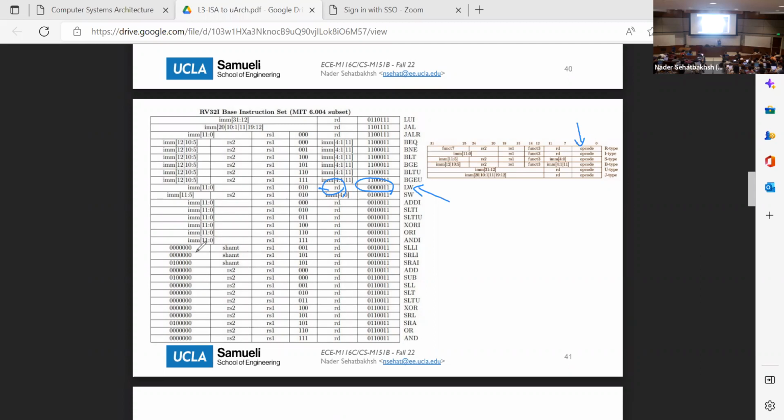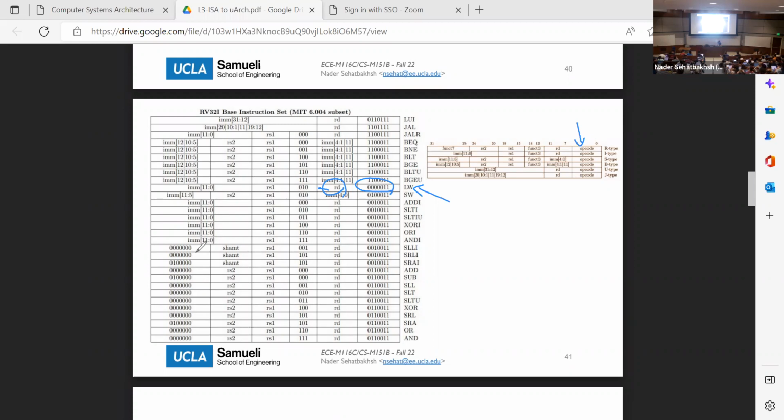Oh, okay, so I need an RD, I need immediates, I need this and that and that. And then you parse these one by one, okay? So it's basically a big program. And the interesting thing is that you're going to write this program as part of your project 1. So you're going to get very familiar with how to do that in your project. You have to parse this one by one and go through it, okay?